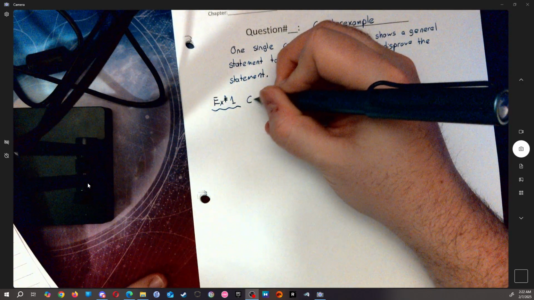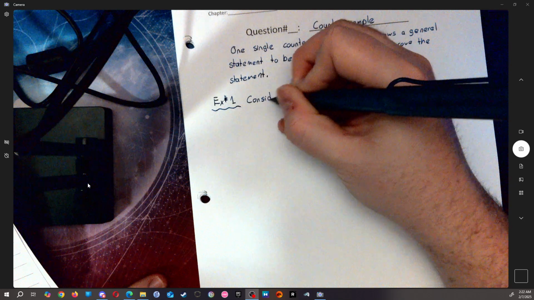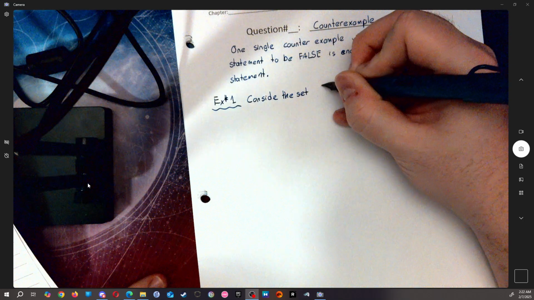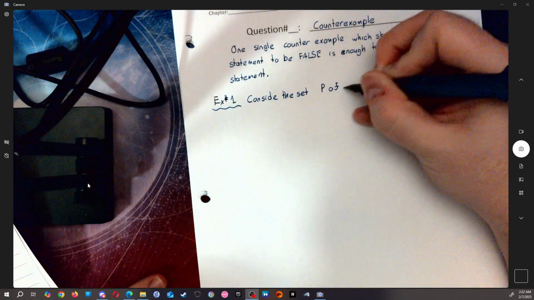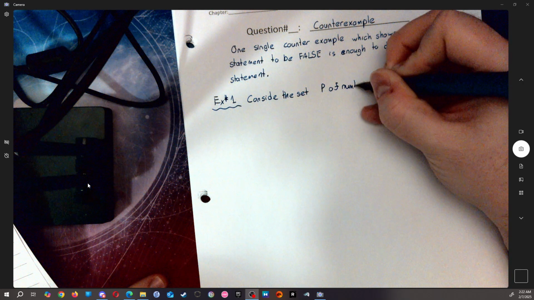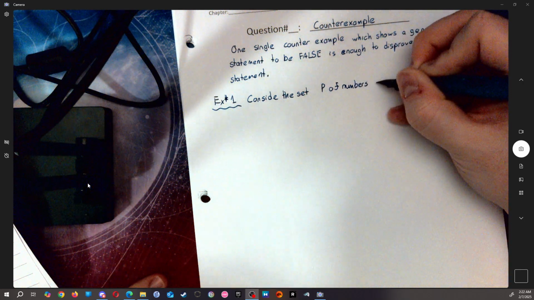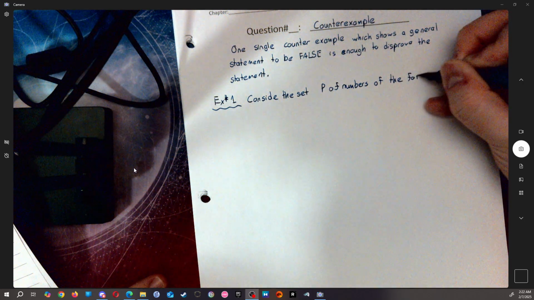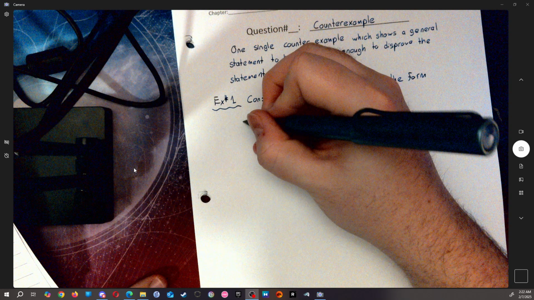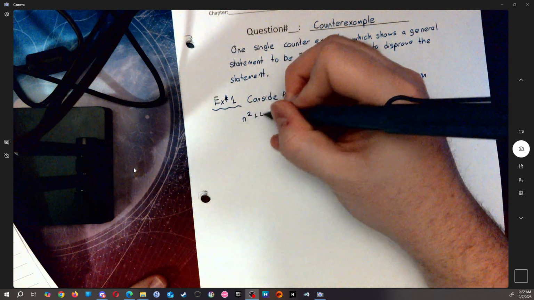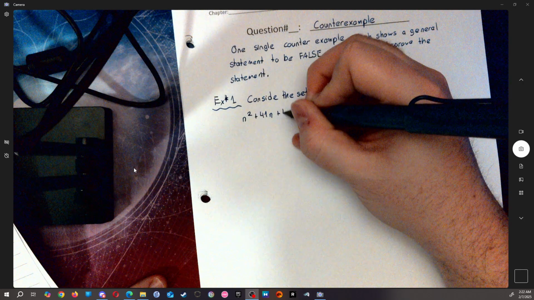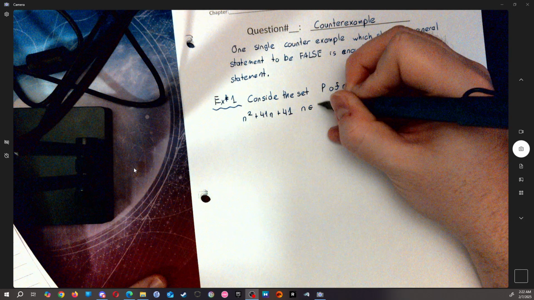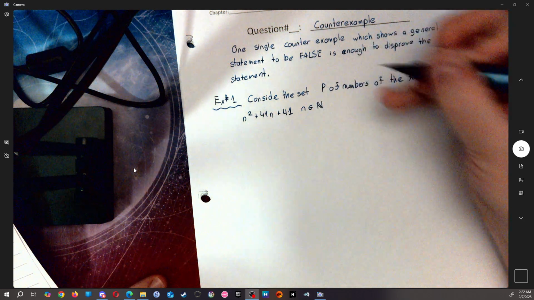So for the first example, consider the set P of numbers of the form, and I'll have my expression here, of n squared plus 41n plus 41, right? Where n is an element of natural numbers.